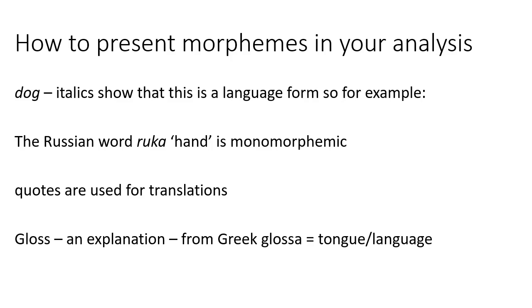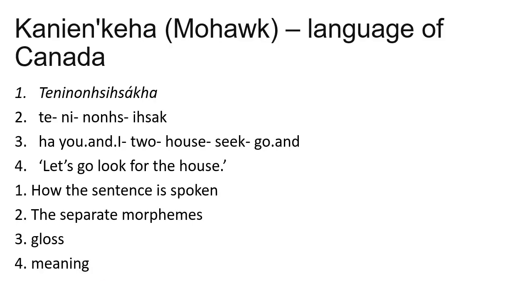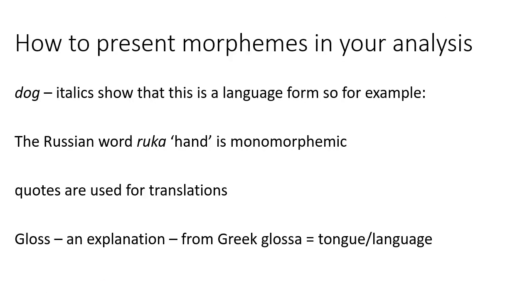Gloss is a kind of translation or explanation, and it comes from the Greek glossa, which meant originally tongue, which came to mean language. So, let me just go back a second and clarify. You saw the translation in single quotes. Glosses are when we require a more detailed explanation. They're allied to translations, but we need glosses across long stretches of polymorphemic information, okay?